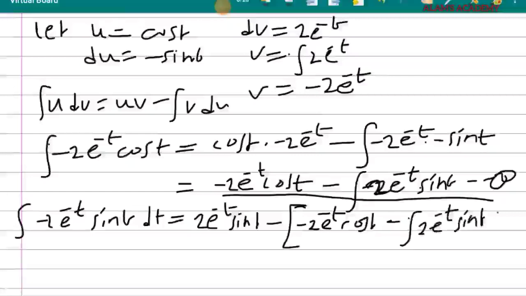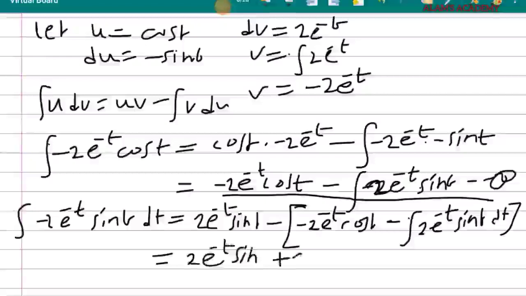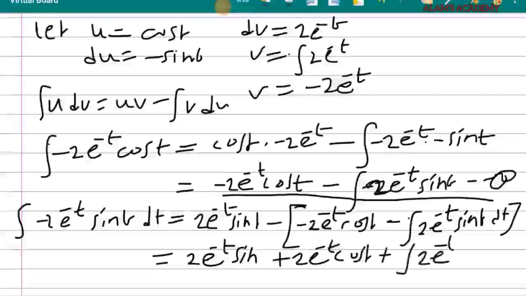sine t dt. Okay, and furthermore this is equal to, so I expand the bracket. If I'm expanding the bracket, this negative goes inside. I have positive 2 cos t. I have positive integral of 2e^t sine t dt.